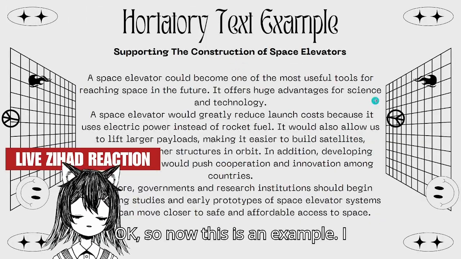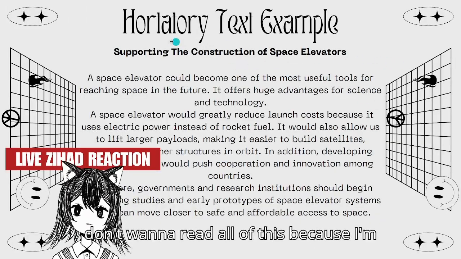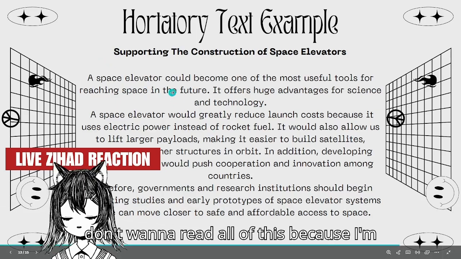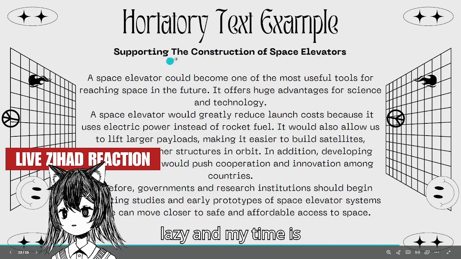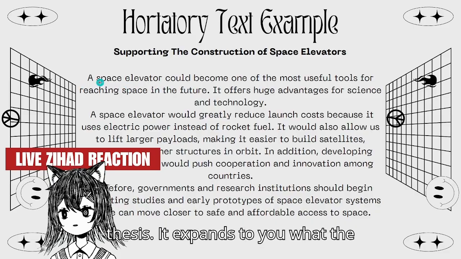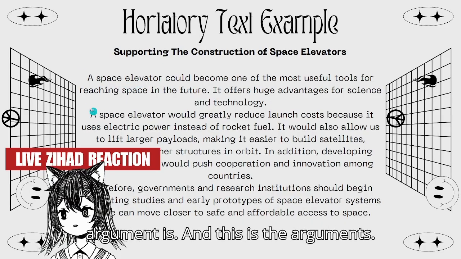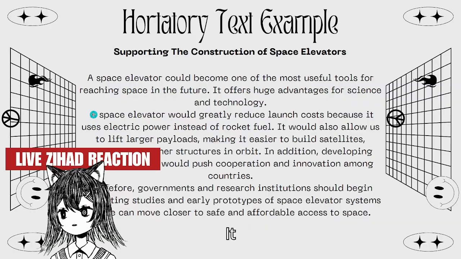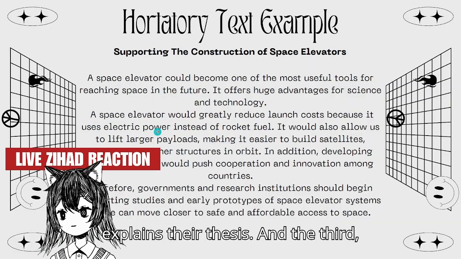Now, this is an example. I don't want to read all of it because my time is short, but we can divide it into parts. This is the thesis, which explains what the argument is, and this is the arguments, which explain the thesis.